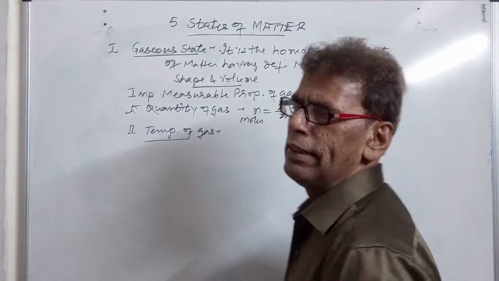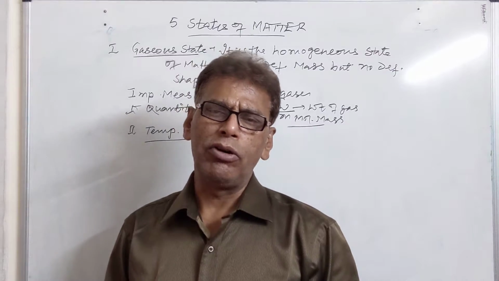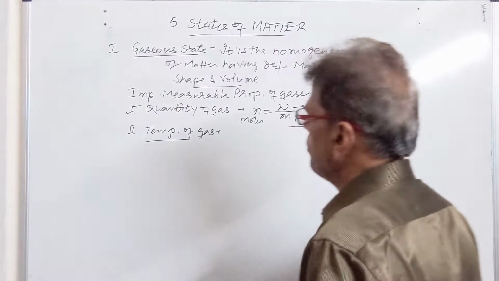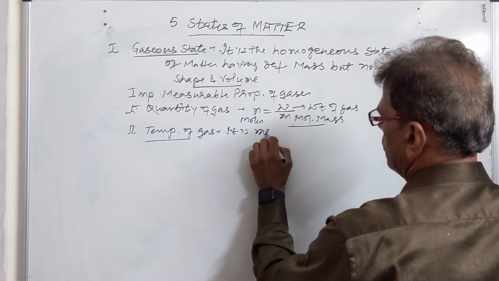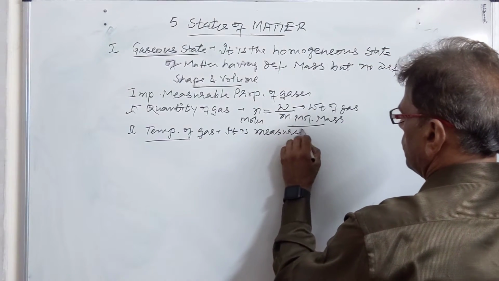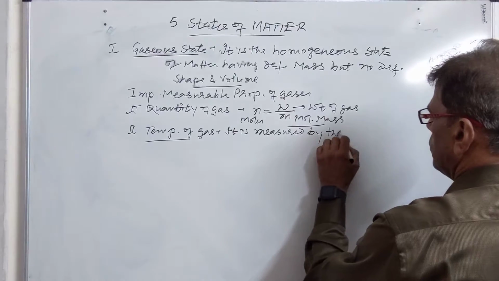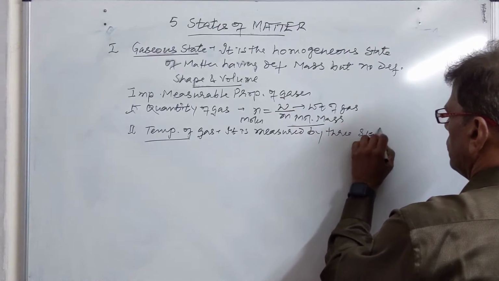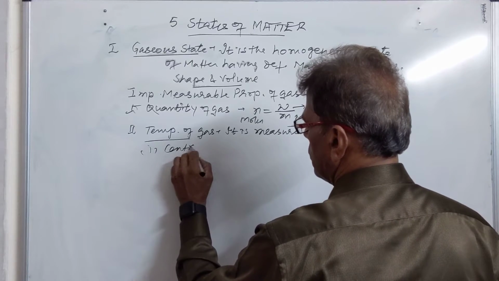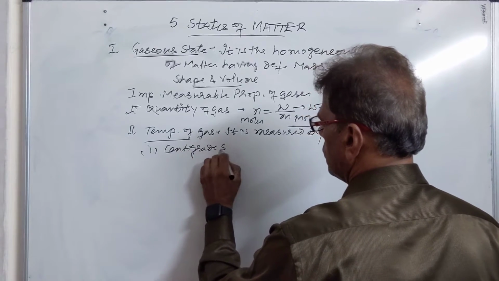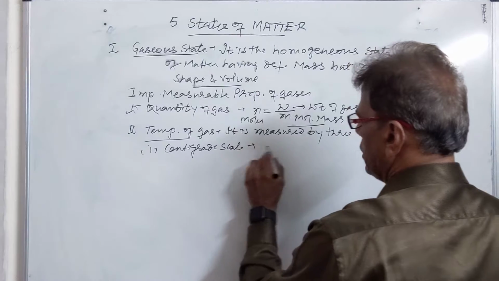So it is the measure of hotness or coldness of a body, and temperature is measured over three scales. First is the centigrade scale. It is based upon water.